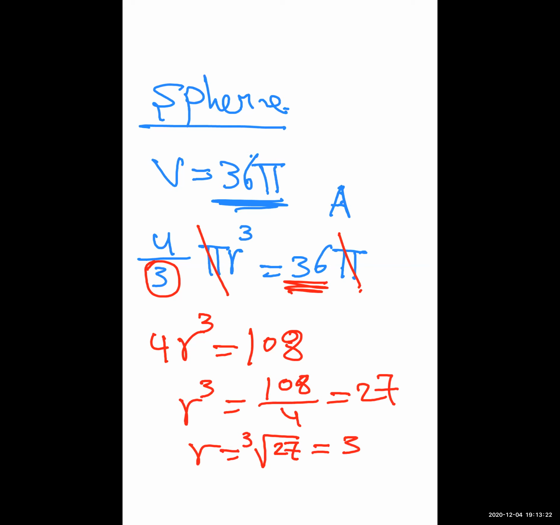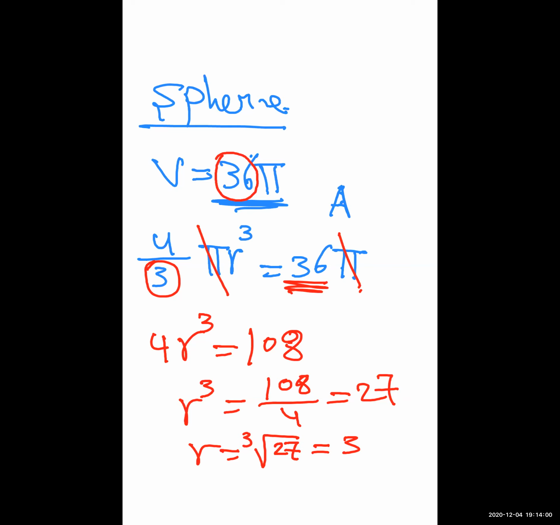I want to ask you a question. If he didn't give me the π, I mean, π equal 22/7 or π equal 3.14, do I have to get the answer in terms of π? Because I removed the π on the right side with π on the left side.